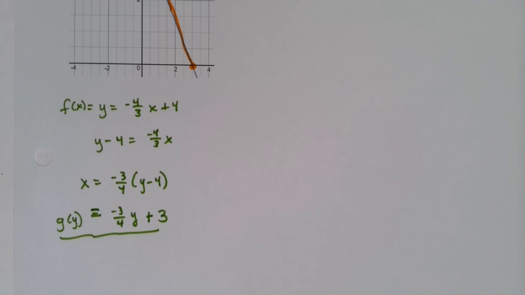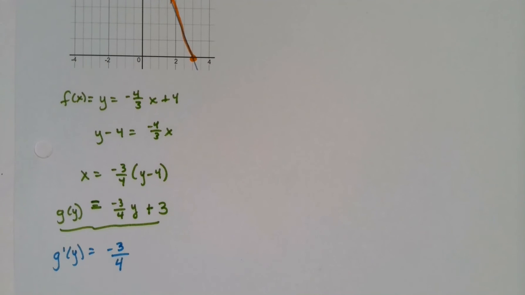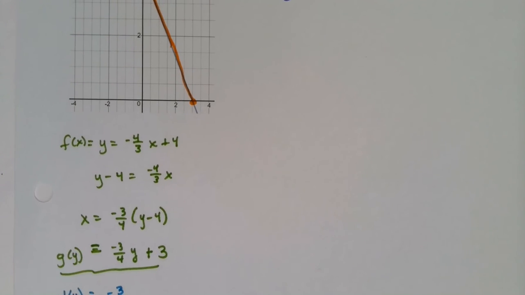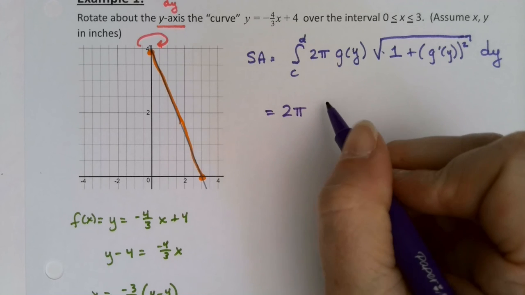g prime of y would be the derivative of that, which is -3/4. Well, that's an easy derivative. For once, we might not need decimals to be able to do this. All right, so back here, I know it's 2 pi out in front. I don't need to put it inside there.